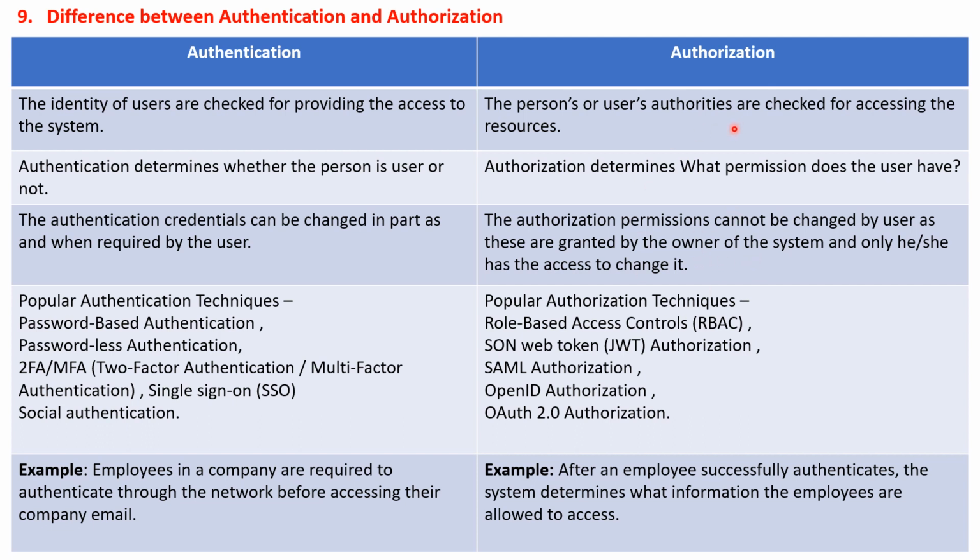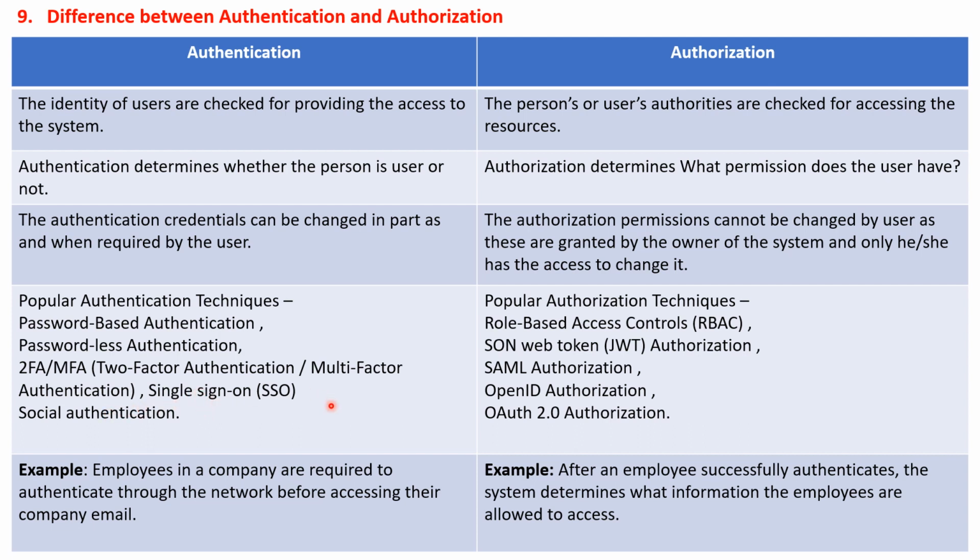This is authorization. Popular authentication techniques include password-based authentication, passwordless authentication, 2FA or MFA. Now we have seen this, right? Even for our Gmail, everything is asking for two-factor authentication or multi-factor authentication for more security.